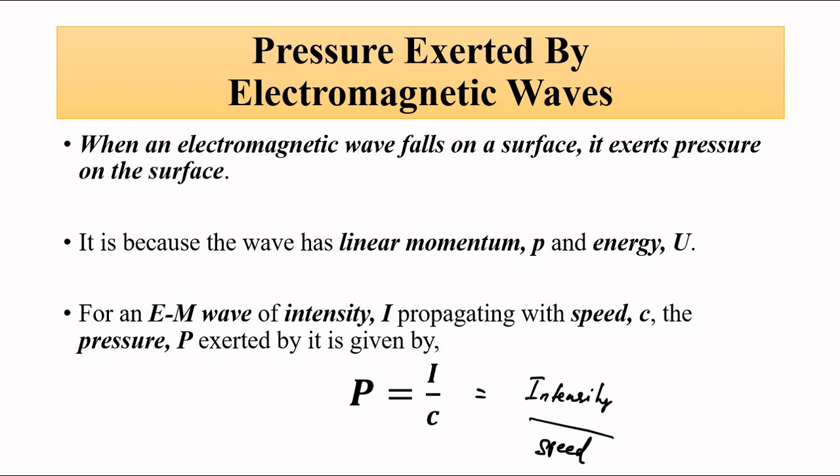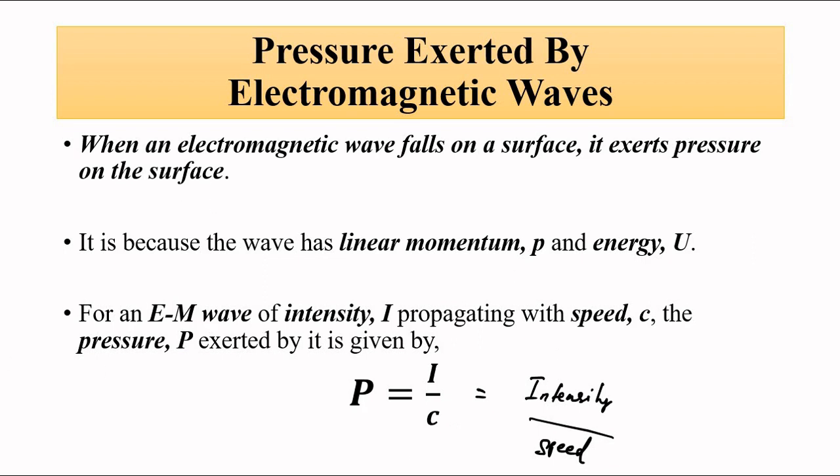So the pressure exerted by electromagnetic waves is the ratio of the intensity of the electromagnetic wave and the speed of the electromagnetic wave in free space, because in free space the speed of electromagnetic wave is equal to 3 into 10 to the power 8 meter per second, which is equal to c. For any other medium it will be that particular velocity v, which will always be less than c.